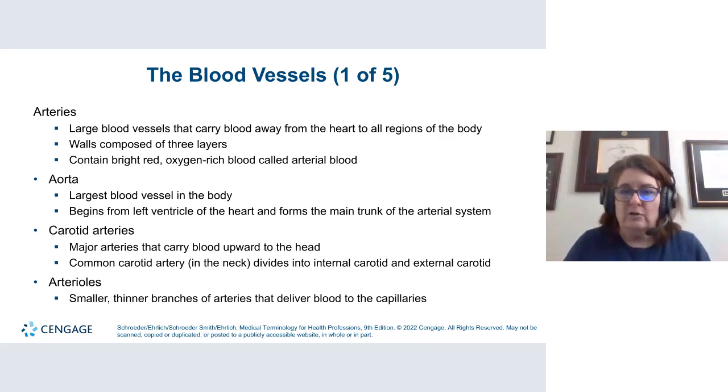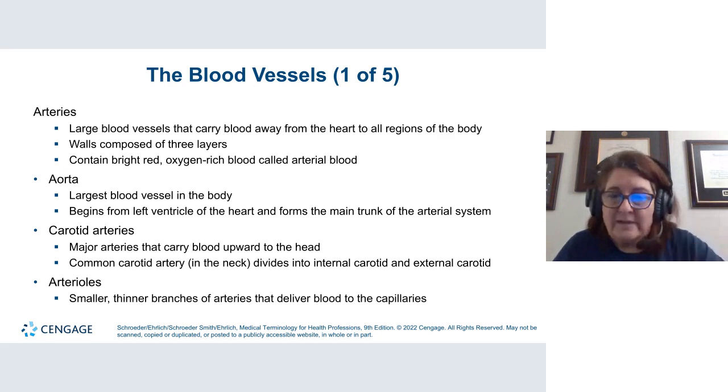Aorta is huge. It goes all the way down your body. It's a very, very large artery. And then all the little arteries that come off of it carry the oxygenated blood to the tissues. The tissues dump the carbon dioxide and the waste products, and it goes into the venous system.